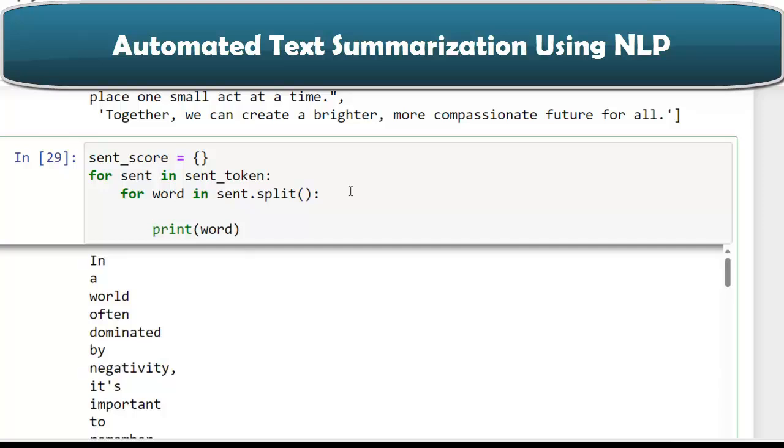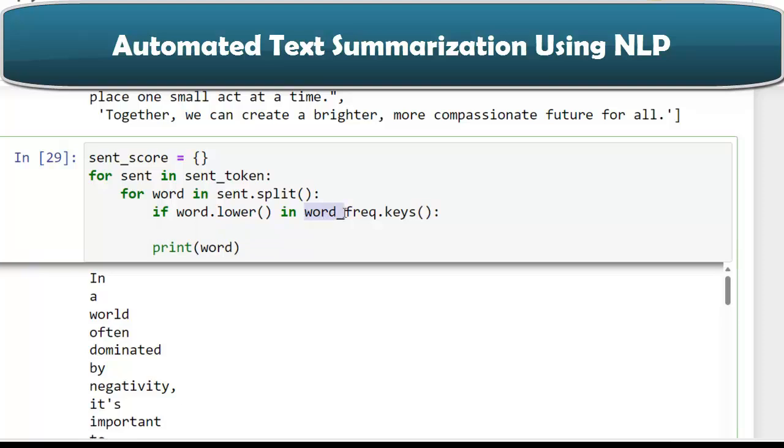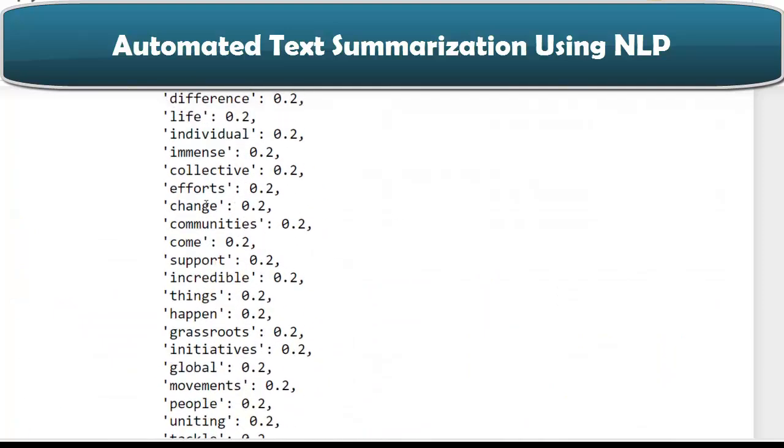Now let's implement our actual logic to calculate sentence score based on the word frequencies. So here, let me write: if word.lower in word_frequency keys. Here we are checking word_frequency keys, this one.